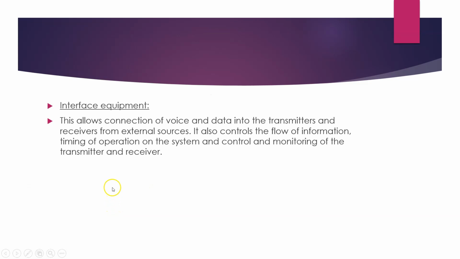Interface equipment: what is the purpose? It allows connection of voice and data into the transmitters and receivers from external sources. It also controls the flow of information, timing of operation of the system, and control and monitoring of the transmitter and receiver.